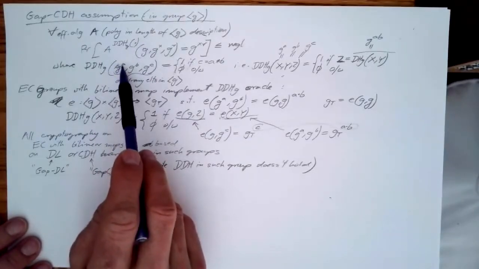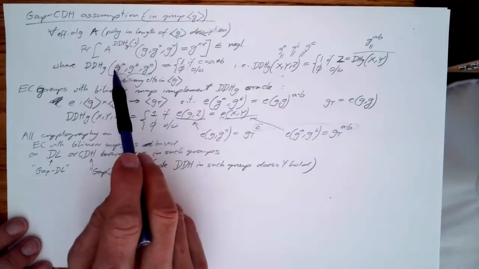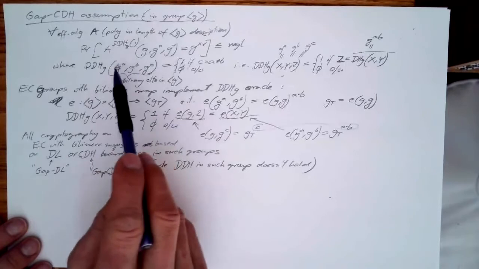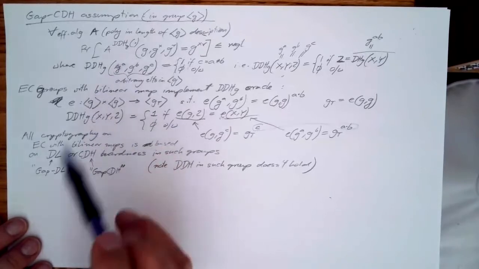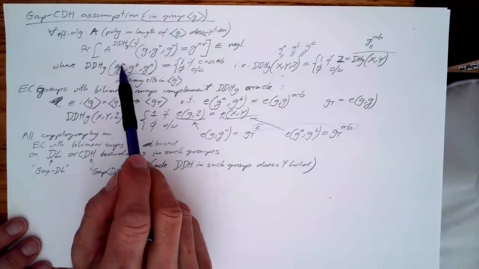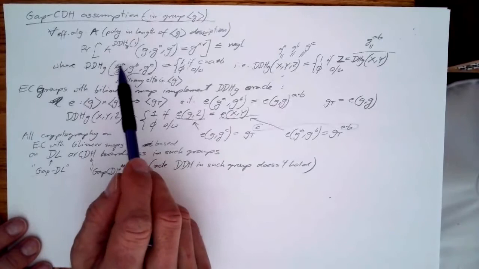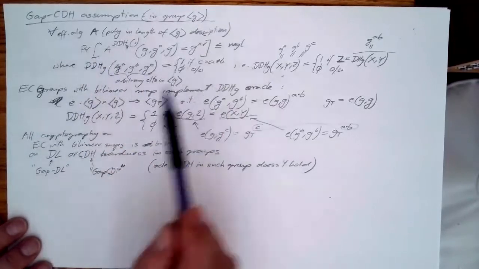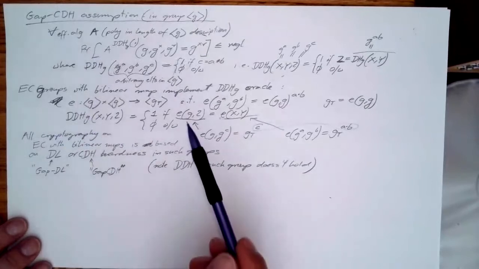So when group elements are multiplied, you effectively add. This is called the representation of the group element based on some generator.